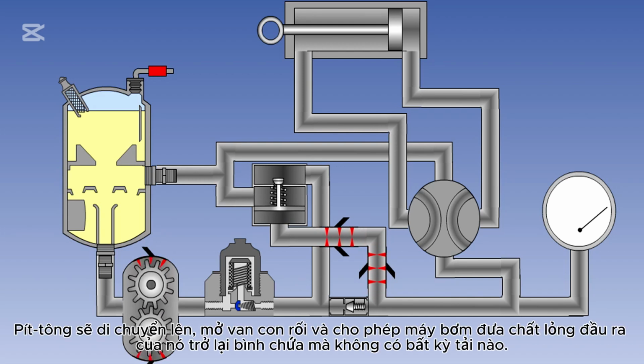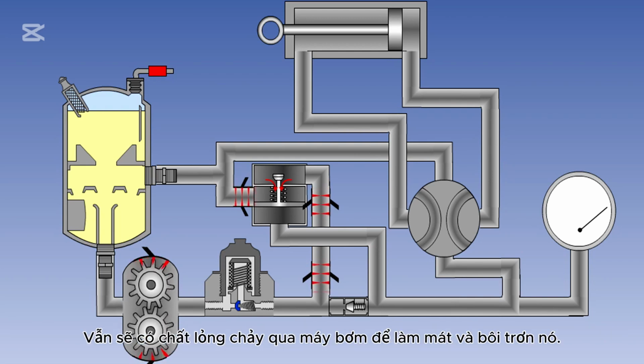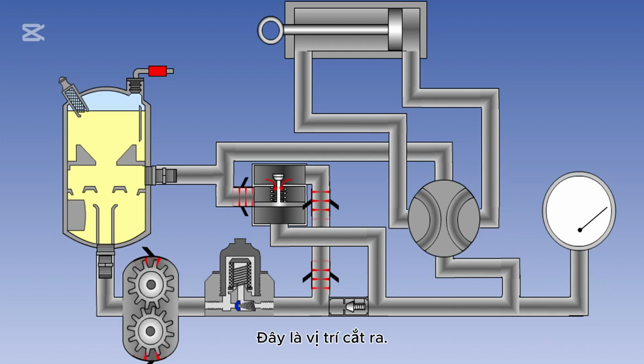The piston will move up, opening the poppet valve and allowing the pump to return its fluid output to the reservoir without any load. There will still be fluid flowing through the pump to cool and lubricate it. This is the cut-out position.